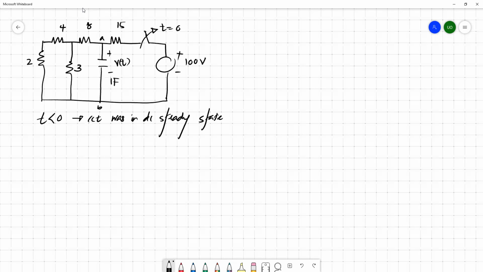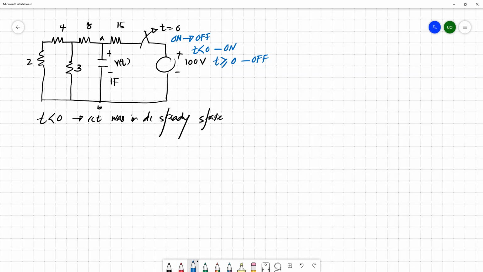At t equals 0, you change the position of the switch to off. So this is like on to off, which means t less than 0 is in on state, t greater than or equal to 0 is in off state. This is the information we can pick from the direction of the arrow.